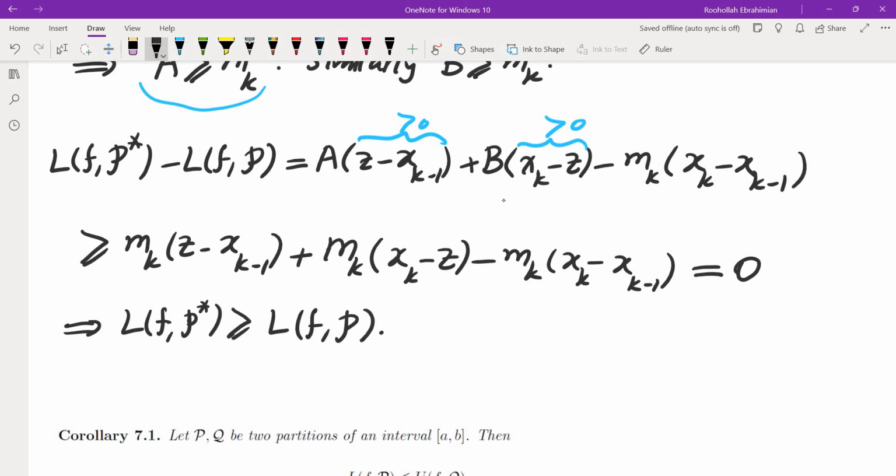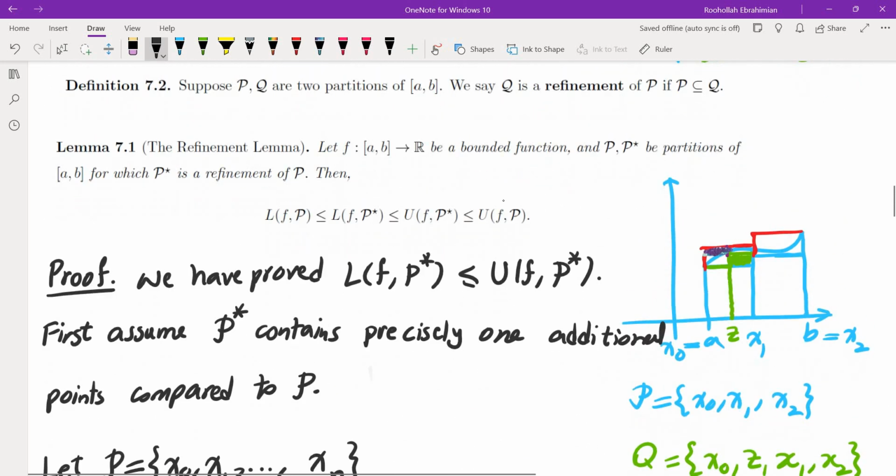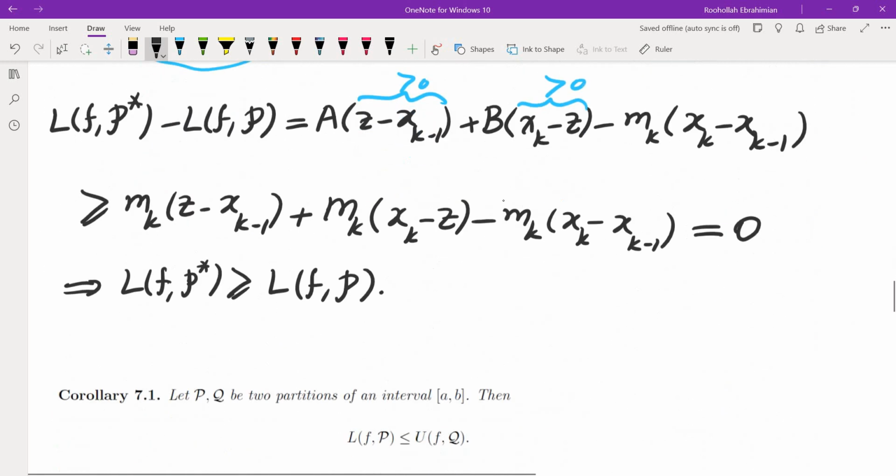And that proves one of the inequalities. As we discussed, the second inequality was proved before. The one on the right has a very similar proof.